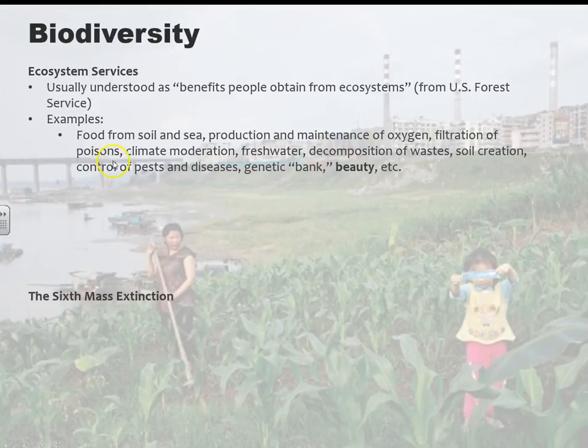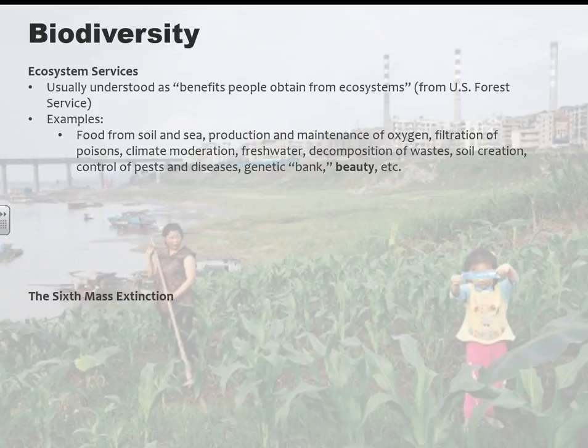Okay, so here's a couple. So food production, right? Nature provides all kinds of food, whether it's fish in lakes or the sea. I mean, just think about if you've ever seen wild blackberry bushes growing. That's food. People hunt for food.